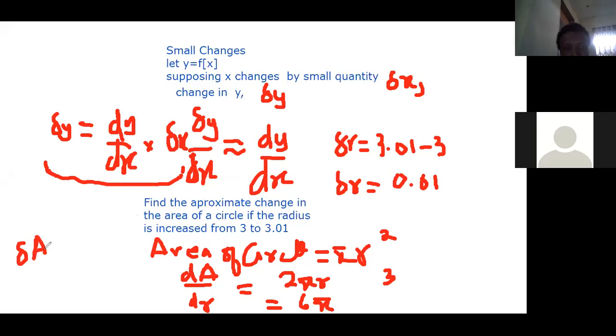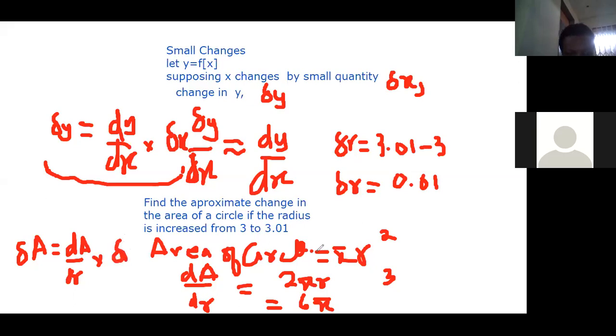Comparing it to dy over dx, this is dA over dr. So the smaller change in area will be equal to dA over dr times the smaller change in r, which we have as 0.01.